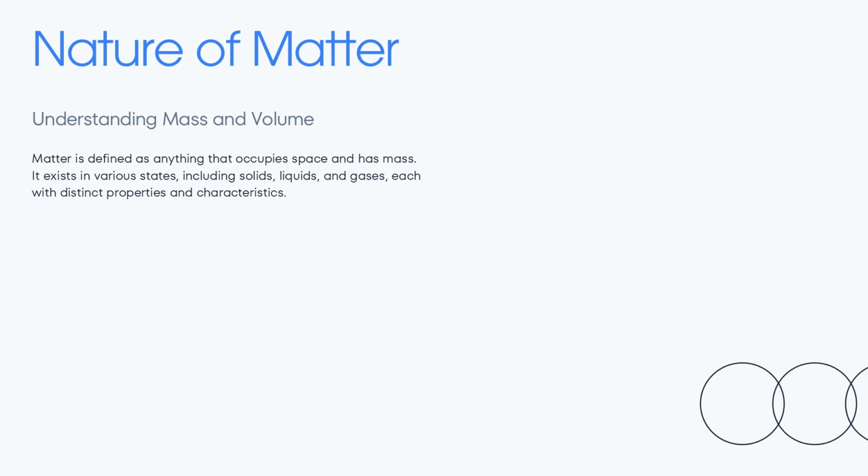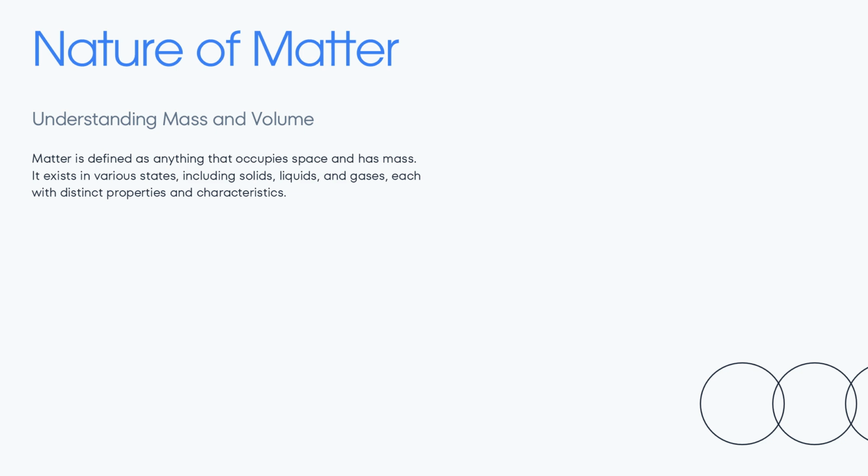Matter is anything that has mass and occupies space. If you touch it, weigh it, or see it, then it is matter. A book, air, water, even your body are all matter. Matter exists mainly in three states: solid, liquid, and gas.